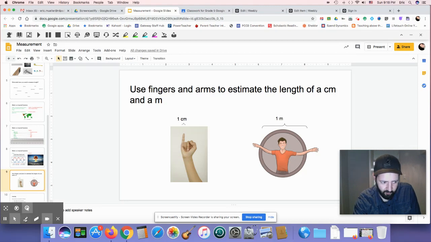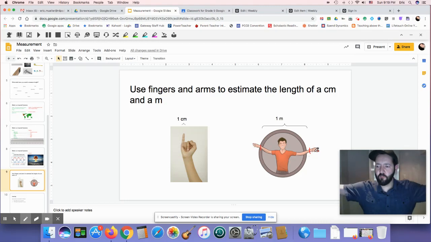It's probably closer to your wrist to your wrist. So the wrist on your left hand to the wrist on your right hand, if you hold your arm straight out. That's roughly a meter. But again, that's going to probably depend on how tall you are and how wide your wingspan is. But those are rough estimates.